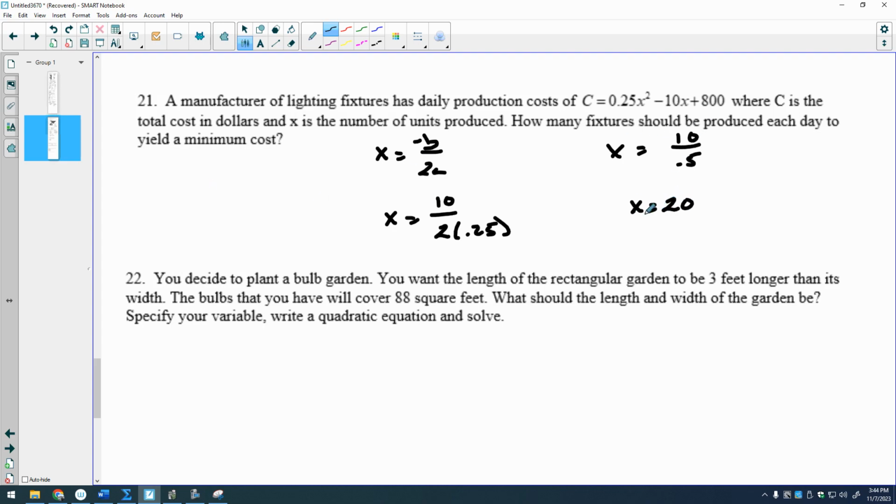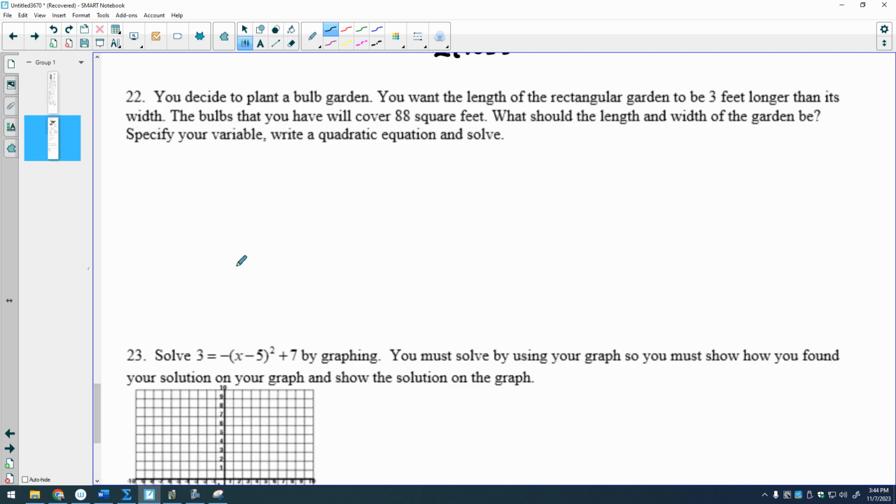How many fixtures should be produced to minimize the cost? 20 fixtures. Now, if the question asked how much that cost would be, you'd take that 20, plug it back into the cost equation, and figure out the cost. Okay, 22. Let's draw a picture.